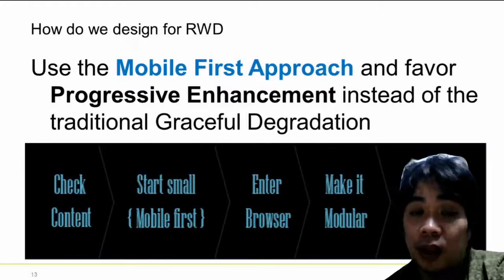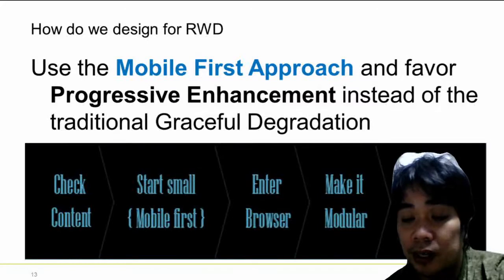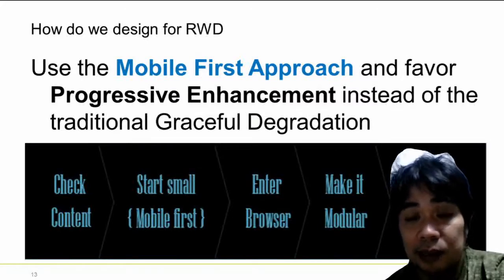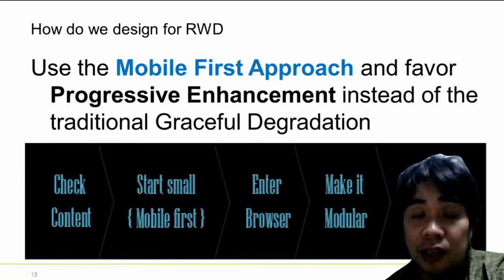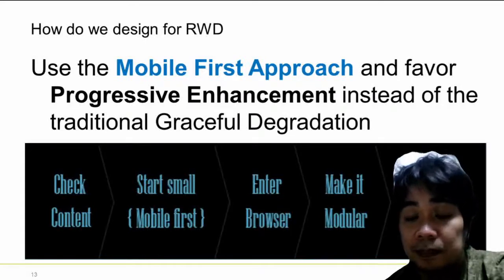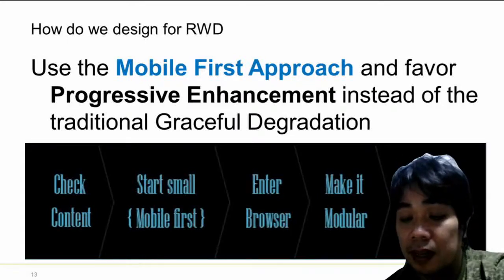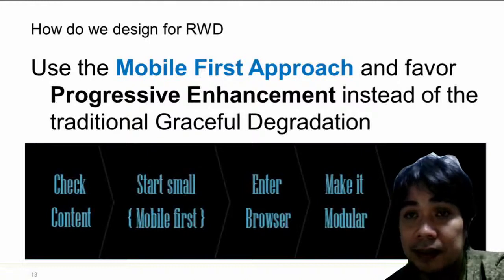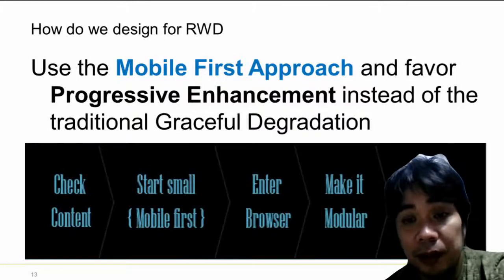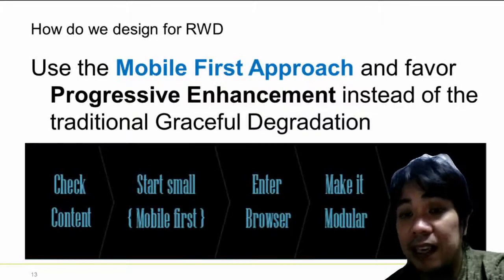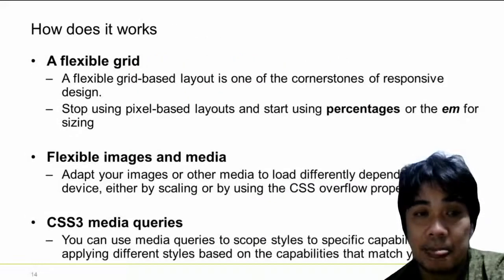Start with a small environment like your mobile, which you can use and display on the browser. Make it modular. When I say modular, you will chop up the different types of tags used in your website and keep them optimized.